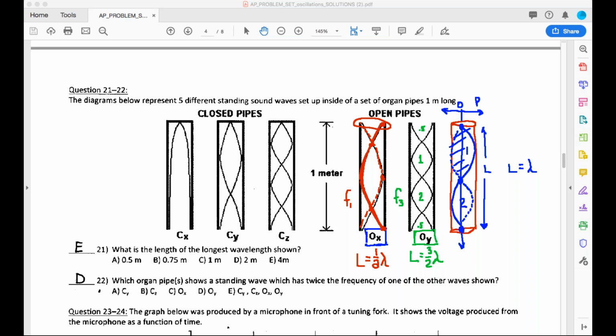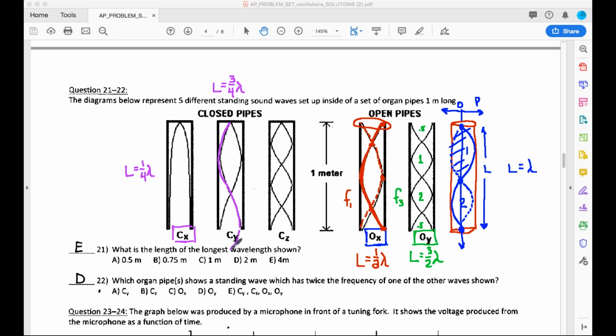It gets a little long, but let's just blast through it. Let's take a look at the closed tubes here. You guys should be getting ahead of me now. The first one, we can see that the length L is equal to 1/4 lambda, because I'm only looking at 1/4 of a wave. For C subscript Y, L is equal to 3/4 of a wave, because if I just look at one of these, that's 3/4 of a wave.